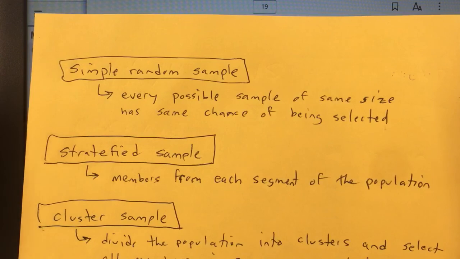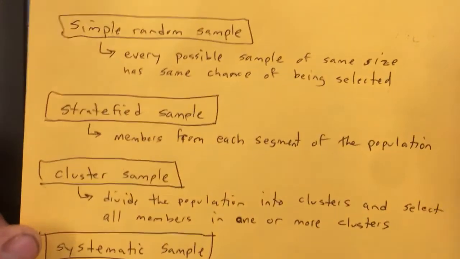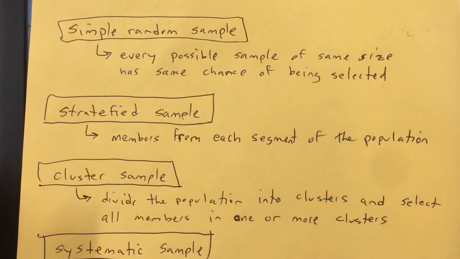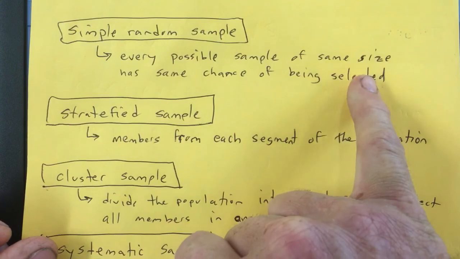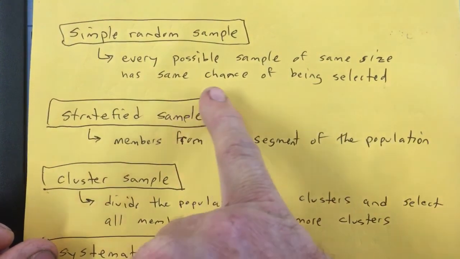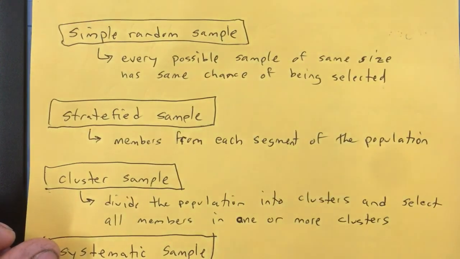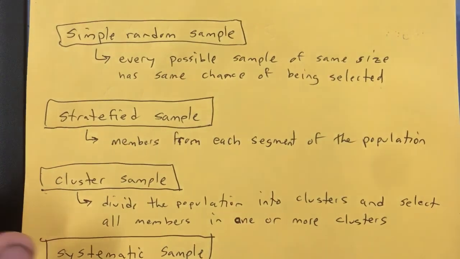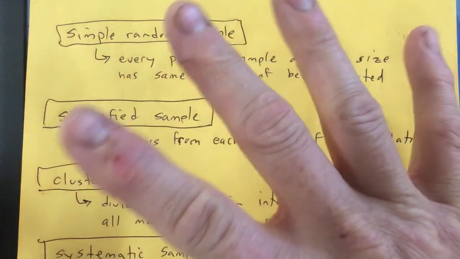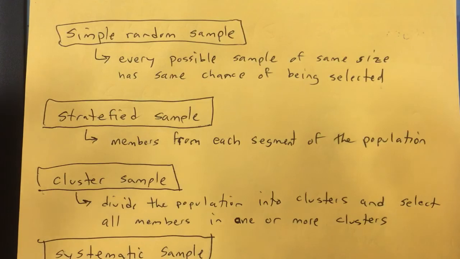All right, then we have the simple random sample. These are different kinds of samples here on this page. Every possible sample of the same size has the same chance of being selected. That's a simple random sample. So when you're picking 5 people at random, every possible choice of 5 people is possible.